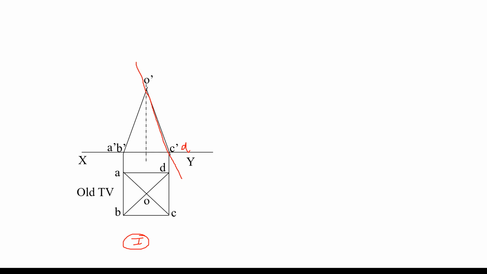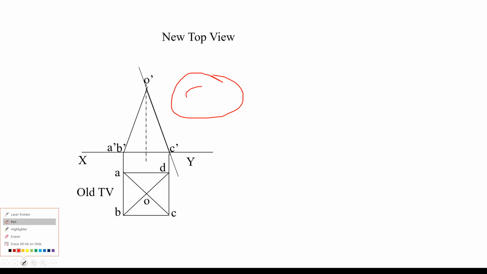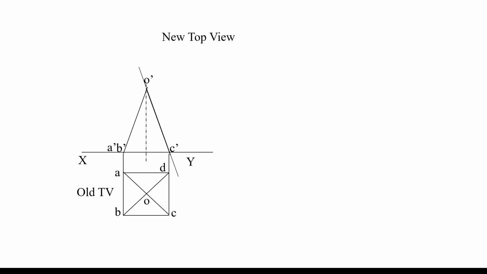So I will draw perpendicular projections from all these points. Whatever diagram you get here will be termed the new top view. Okay, just by drawing this line x1 y1, your first diagram is over. You can see here the projections drawn from these points are perpendicular to x1 y1.